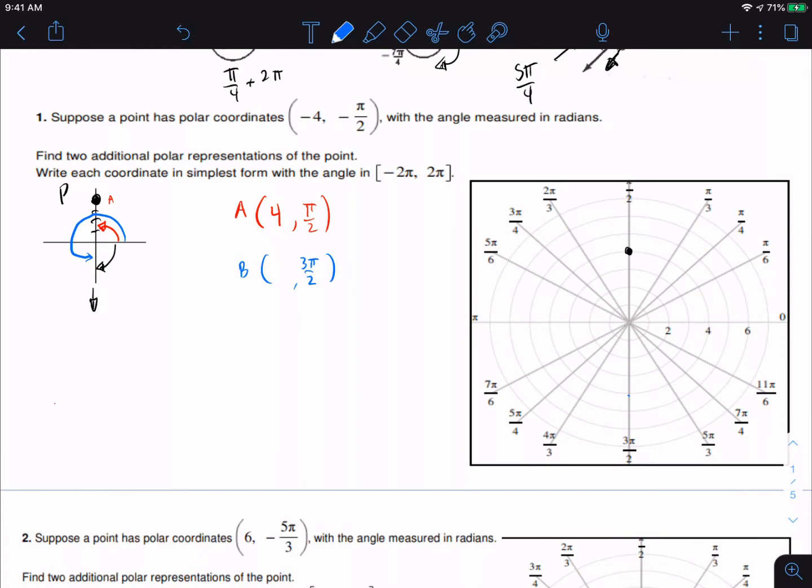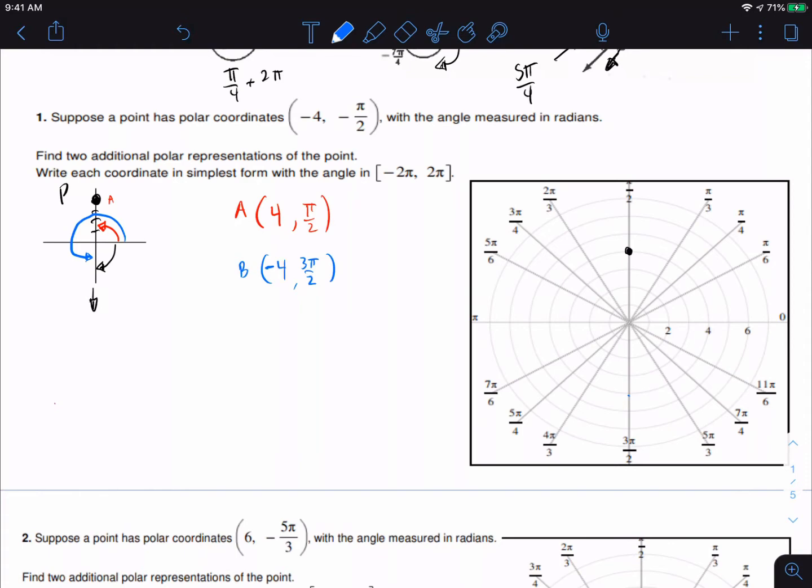But are we going to walk forwards or backwards? What do you guys think? Yes, we're going to go backwards. And since we go backwards, this has to be a negative 4. So those are 2 examples.